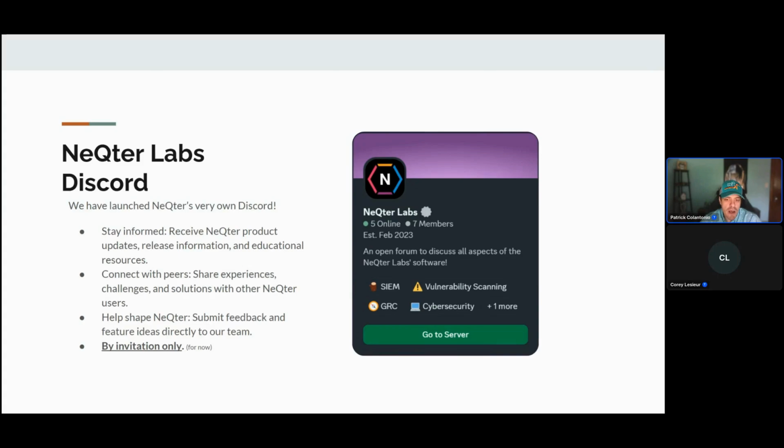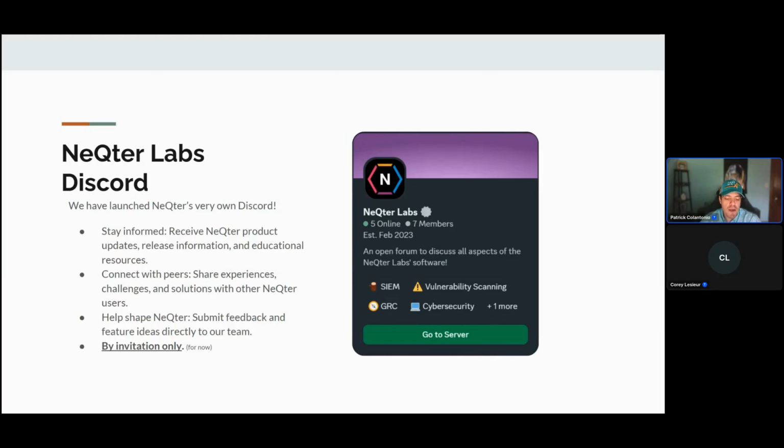But right now I'm inviting people that I know are more power users of the NeQter product, or have certain feedback or dialogue that we usually share via other means, but we'll look to coordinate it and push it into here a bit more. Or sometimes I directly message certain people with the same idea, and it could just be like, you know what, let's just talk about it as a group, type of thing.